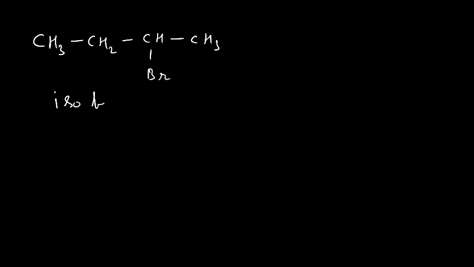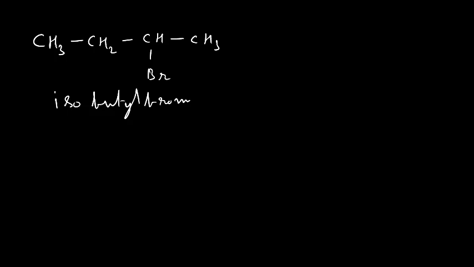Let us see one more example of beta elimination. This is CH3, CH2, CH, and of course bromide, and this is CH3. So what is this?